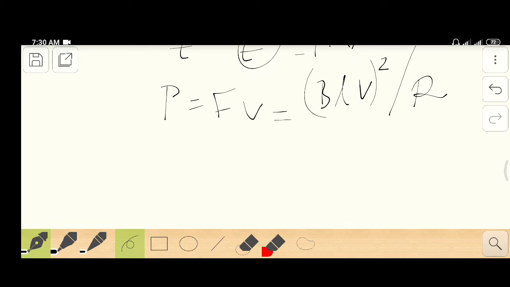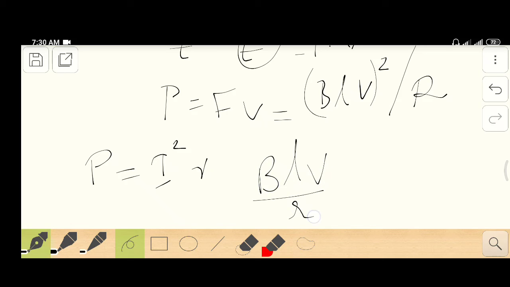The heat energy can be expressed as P is equal to I square into R, where the I value is actually BLV by R. So (BLV by R) the whole square into R is equal to (BLV) the whole square divided by R. So the heat energy value and the entire power are the same. So we can say the source energy is completely converted into heat energy.